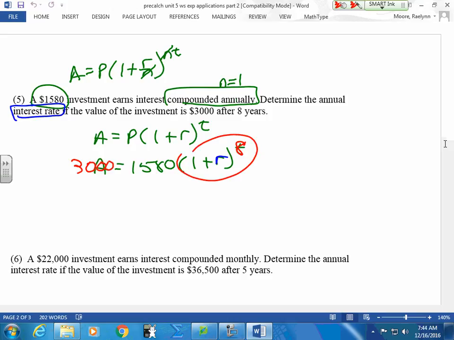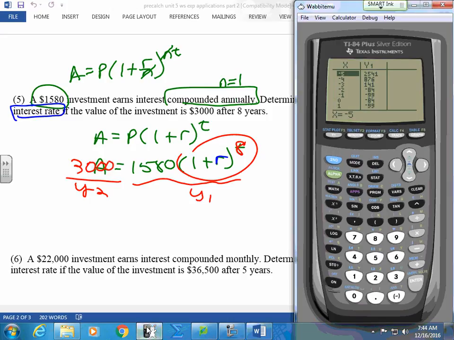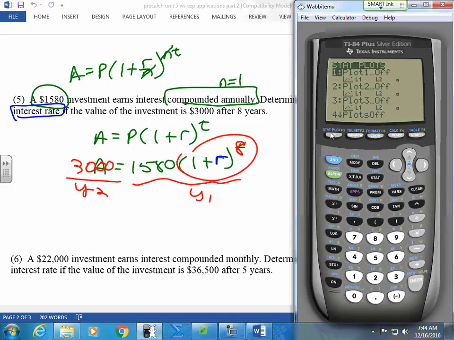That's the guy I need to find. So I want you to put this in your y1. I want you to put this in your y2. See if you can find an intersect for me. It'll take me that long to get it in my calculator.